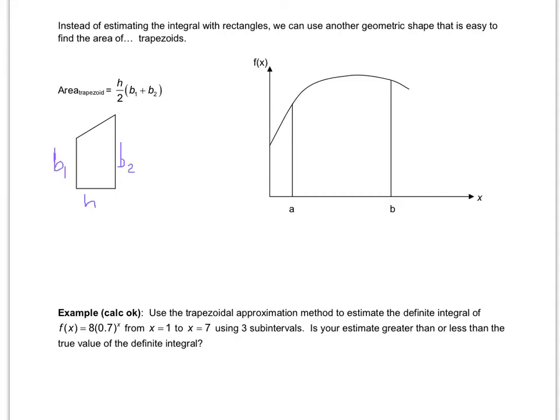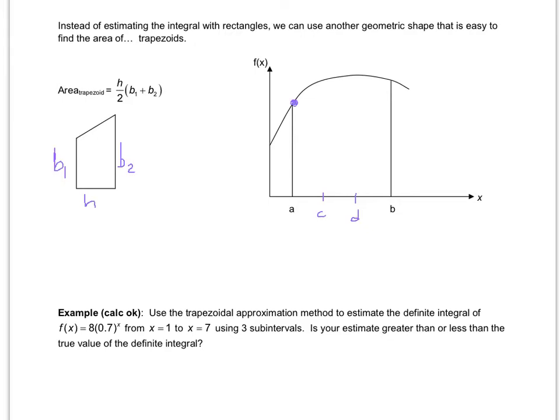Okay? So I'm just going to show, let's say the function to the right, we'll go from A to B, and let's just use 3 equal subintervals. And if you just take a look at the very first subinterval, let's just call this C, and we'll call this guy D. When you divide a region into trapezoids, you do the same thing, except for the left endpoint, you're going to use the function value.